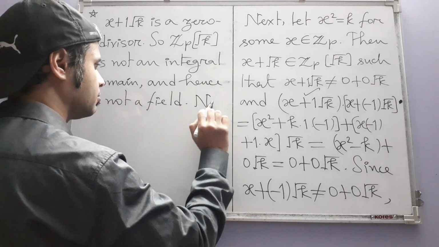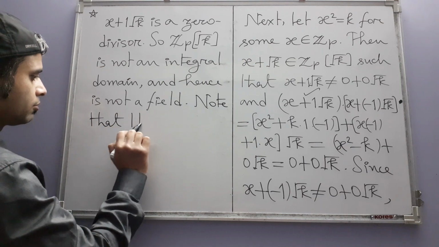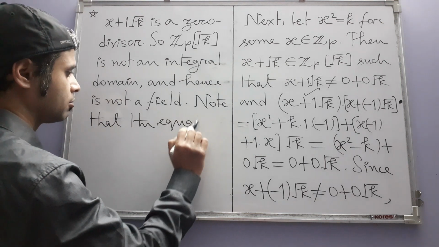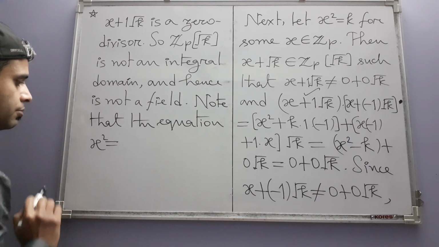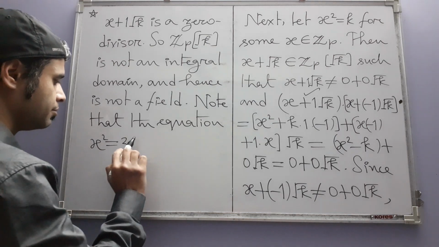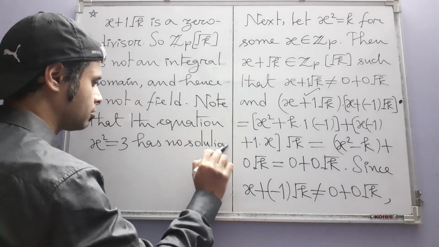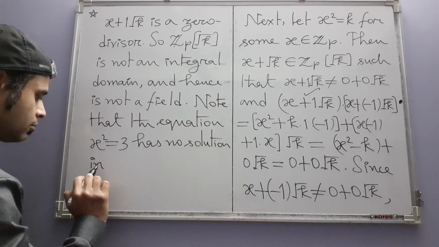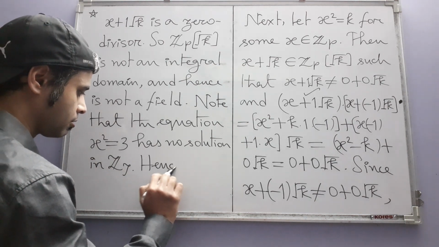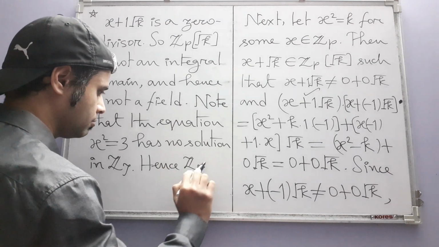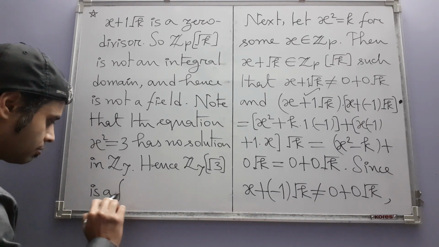Note that the equation x square equal to k, no? So that means 3 has no solution in Z7, hence this is a field.